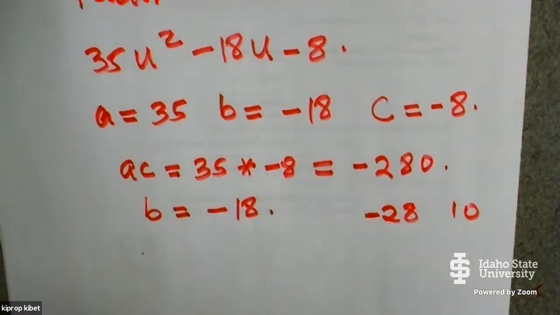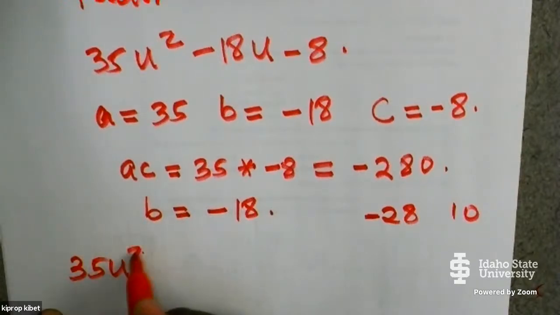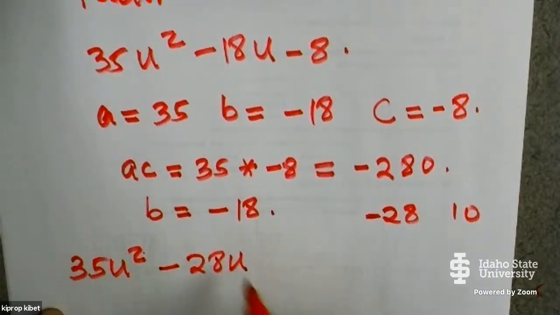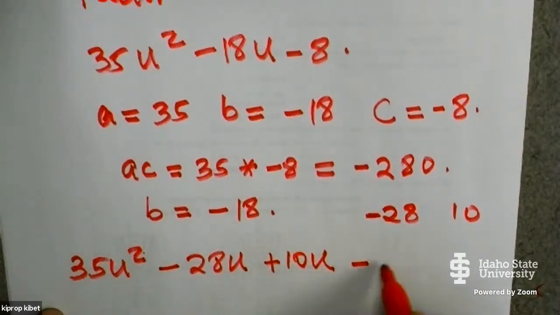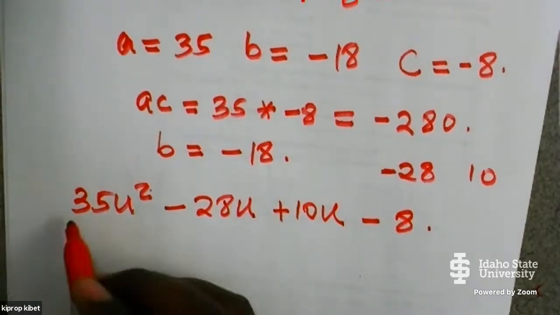Now taking it back here, it will be 35u squared minus 28u plus 10u minus 8. Now we take the greatest common factor.